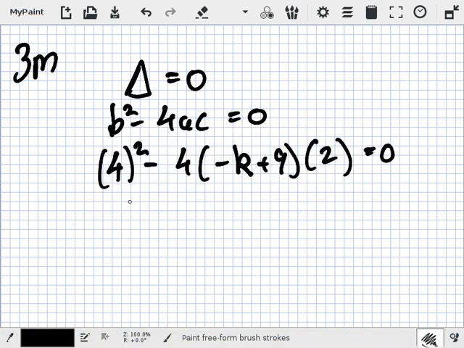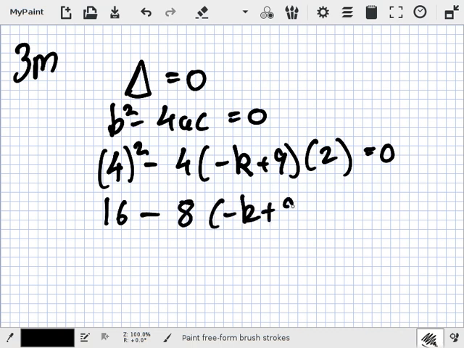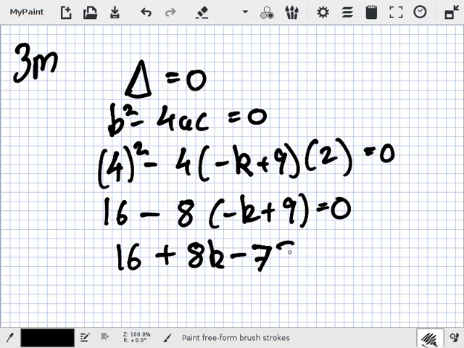Okay, so that means 16 plus 4k minus 30, oh sorry. I think what I'll do is I'll just multiply by the 2 first. So I'll make that 4 and 8. So I get 16 plus 8k minus 72 equals 0.